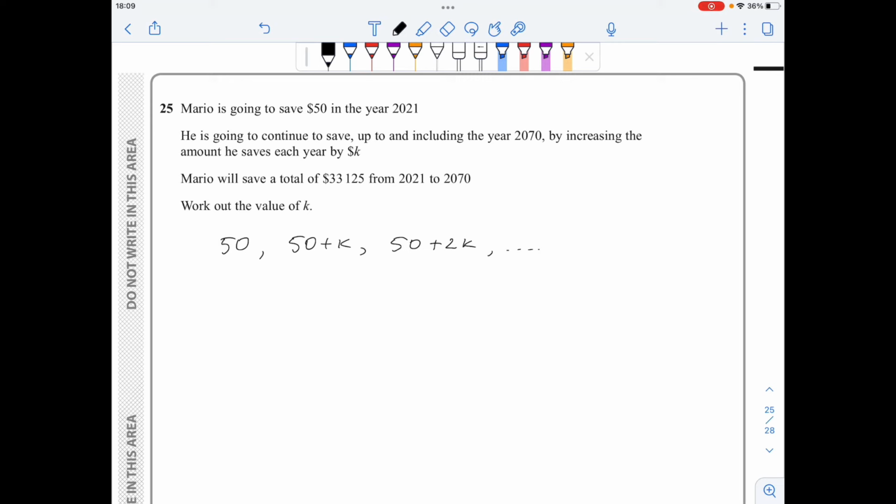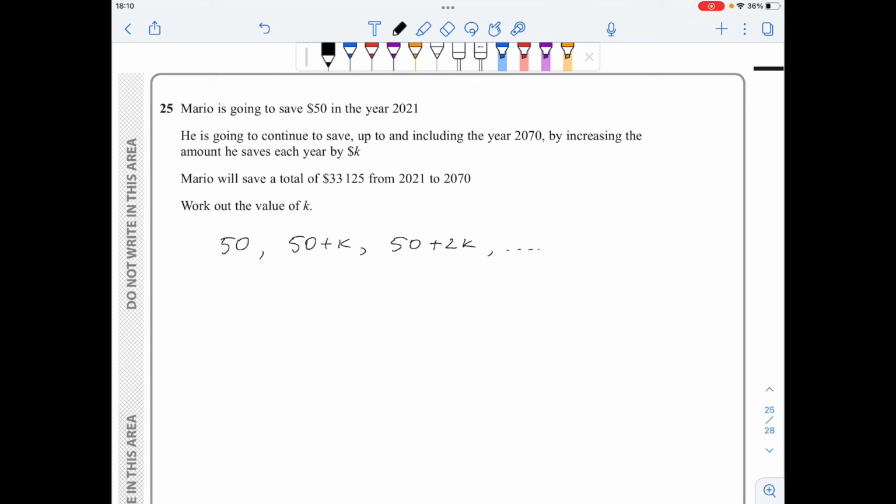We are given that the total from 2021 to 2070 is 33,125. Note that there are 50 years between 2021 and 2070 because both 2021 and 2070 are included.